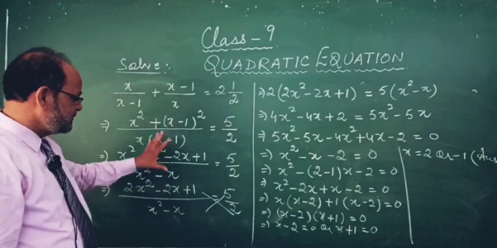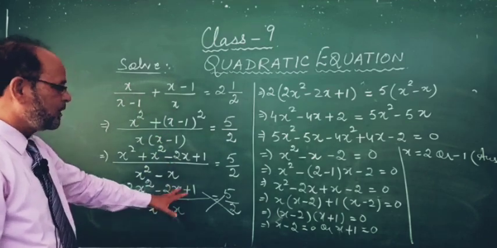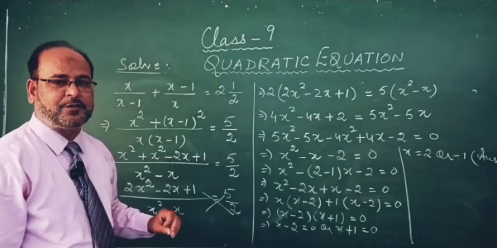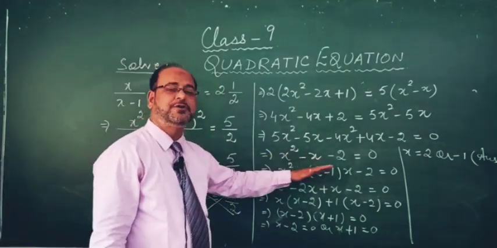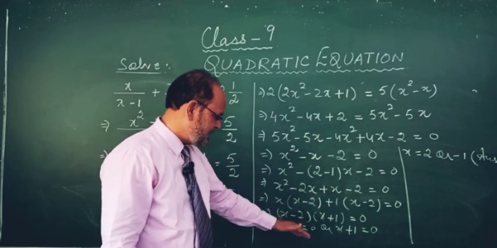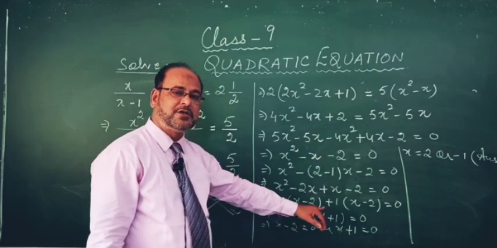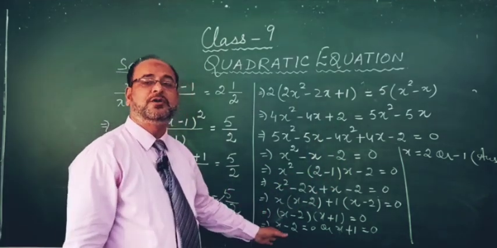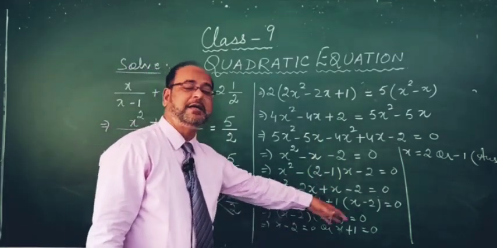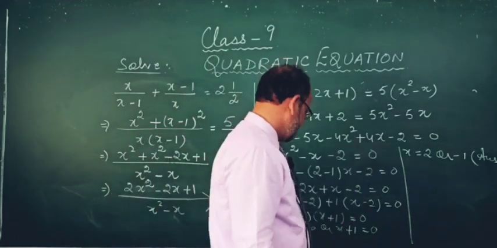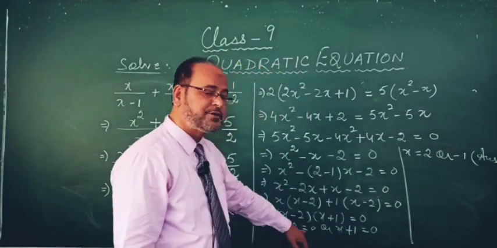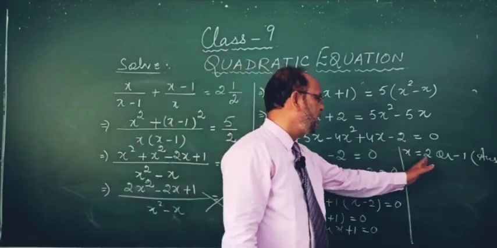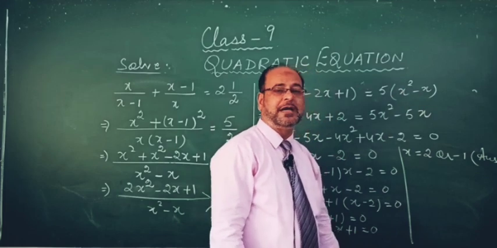So you will take LCM, then you will keep solving, and ultimately you will get the quadratic equation form, and after that your job is to factorize. After factorizing, you will get two factors, zero product form which is called, then you will put one factor equals to 0 and then other factor equals to 0. In this case, once you will put x minus 2 is equal to 0 or x plus 1 equals to 0, that will be x is equal to 2 or negative 1.